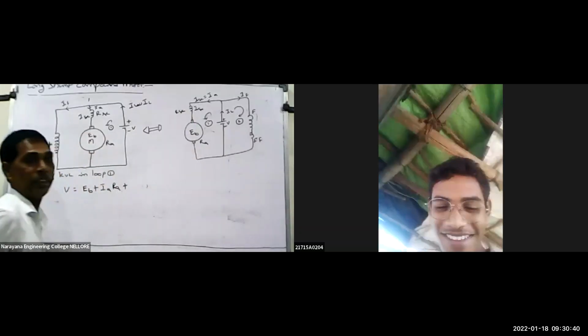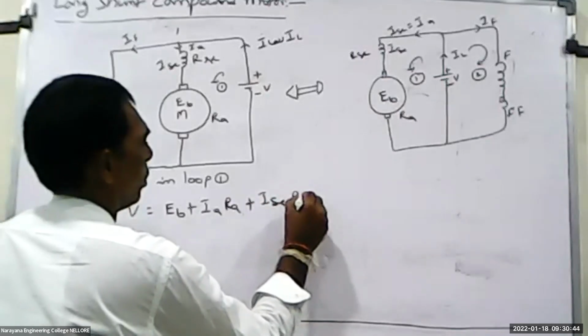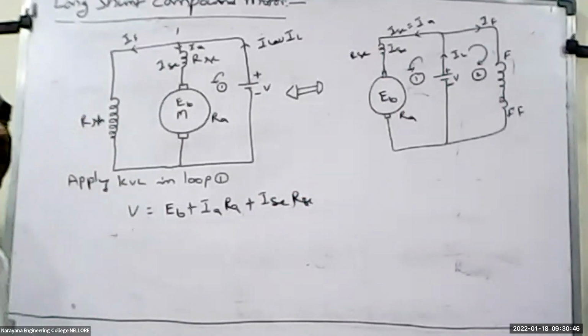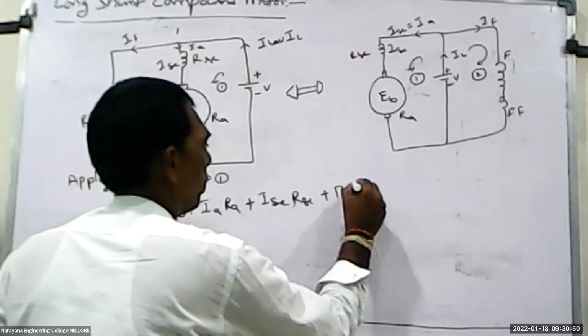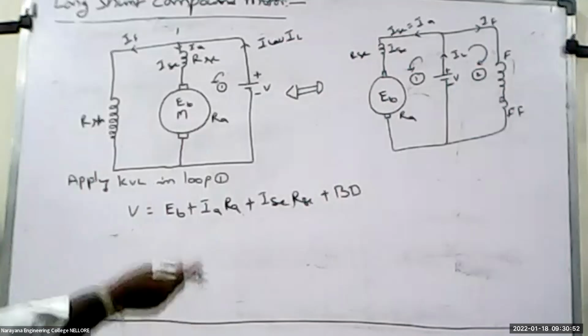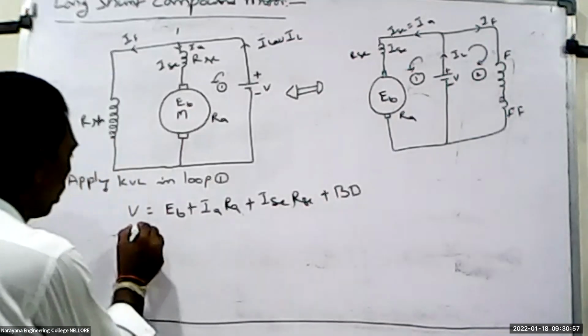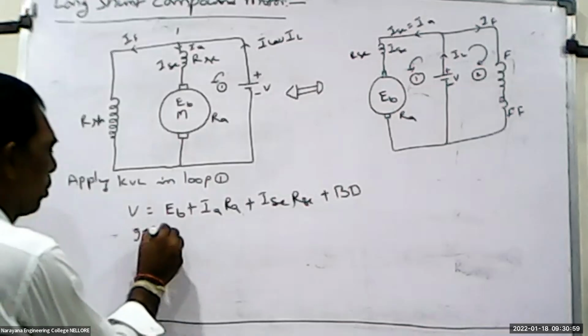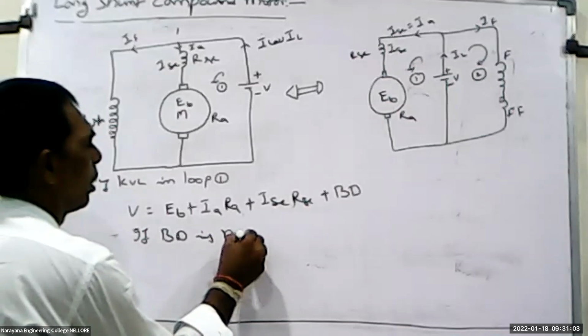And another drop is due to the series field winding, that is called ISC into RSC. And another drop is the brush drop BD. For convenience, I have represented it as BD, and this is negligible. BD, that means brush drop, is negligible.